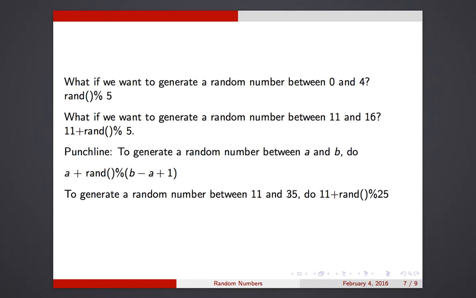So just for example here, if you want to generate a random number between 11 and 35, you start at 11, so 11 goes right there, plus a randomly chosen number when I do 35 minus 11, which is 24, and then plus 1 gives me a 25 right there.